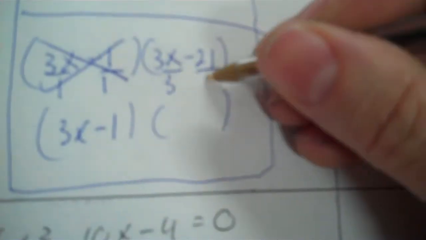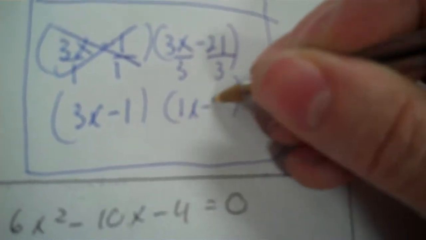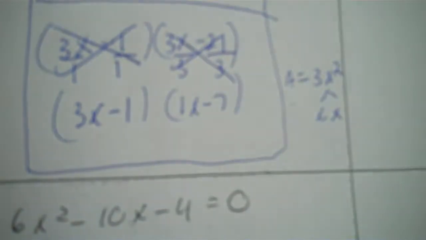Now you go set that 3x minus 1 over there. And then 3 and 21. So 3, first time I see, working up the table, first time I see 3 is there, and there's 21 with it, so it'd be 3. So that does change. That's 1x minus 7 when you divide, okay?